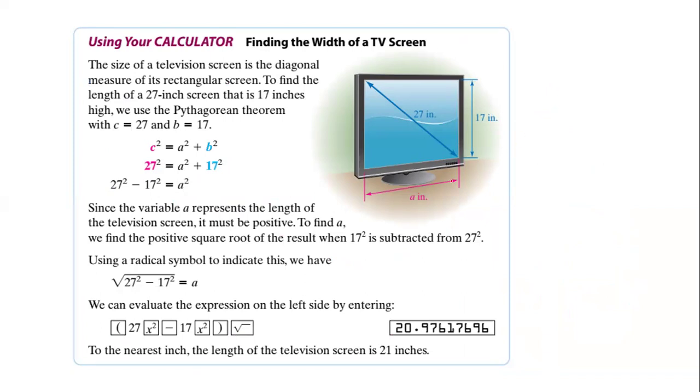This is the application. If you have a TV screen, this horizontal length is A, the vertical length is 17, and you have to find this one. This is known as the diagonal.